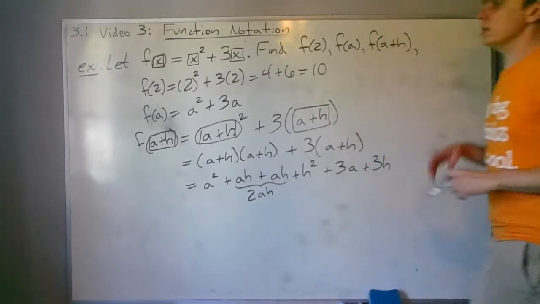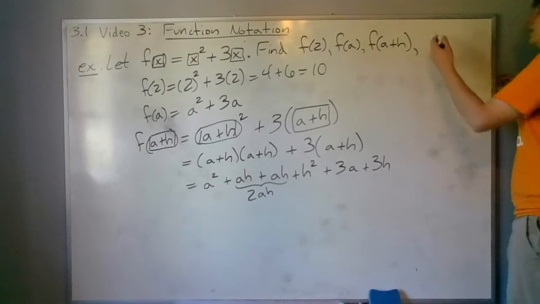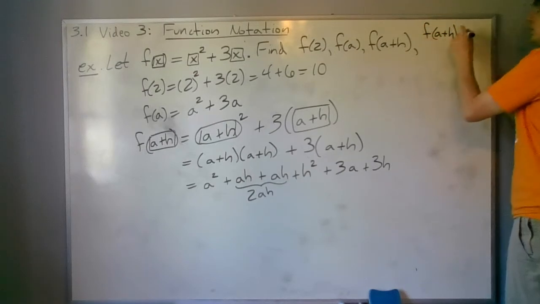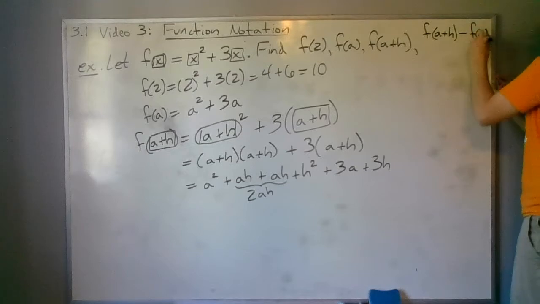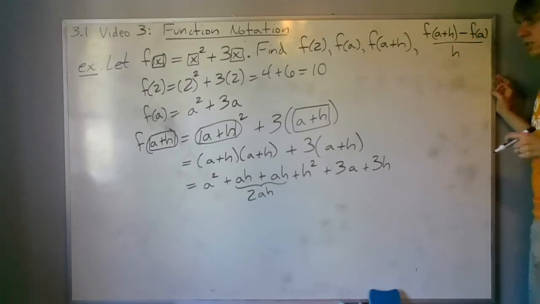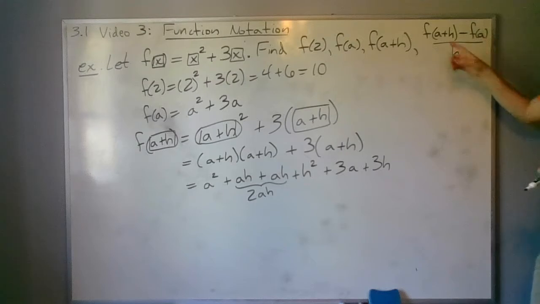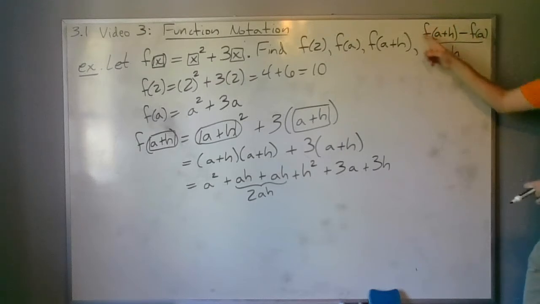Okay, the last thing I want to try and find is a giant mess. But it's a very particular giant mess that we will see again in the future. Okay, anyway, so conveniently we've already figured that out, and we've already figured that out.